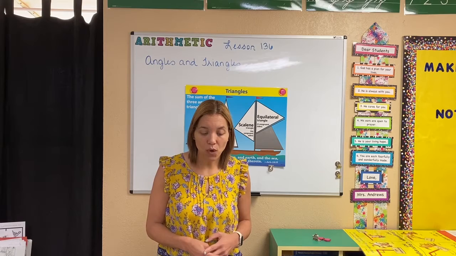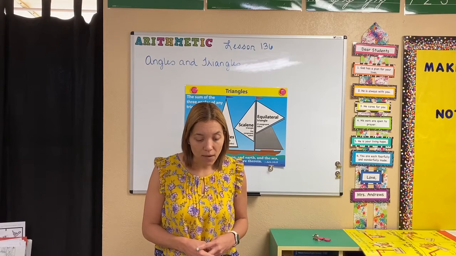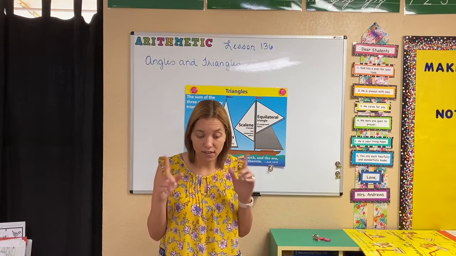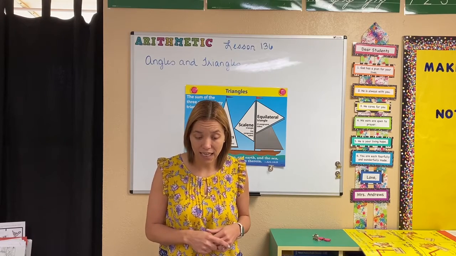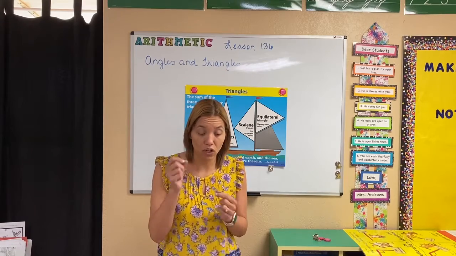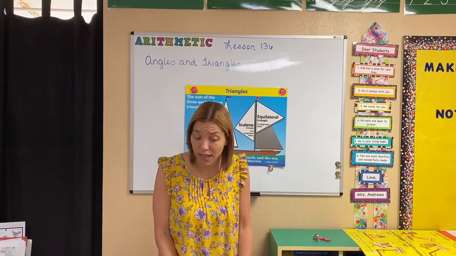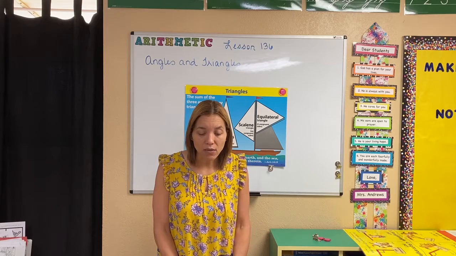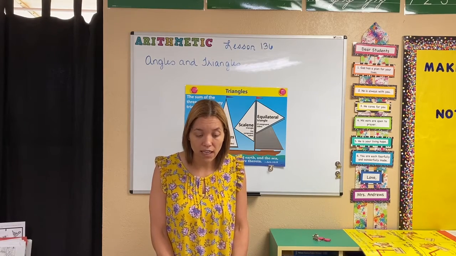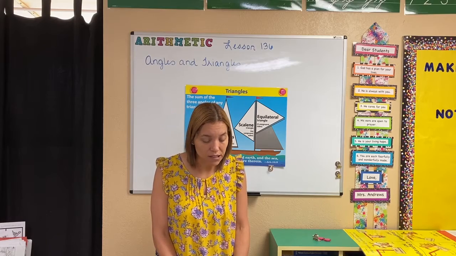So on the first one, on letter A, if you look, you could see that the two of the sides are exactly the same. They measure the same thing. If you get a ruler and you look, you can see the measurements are exactly the same. That's going to be an isosceles triangle. So for A, it should be isosceles.